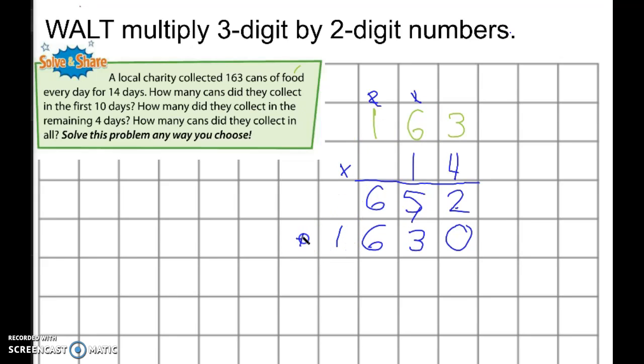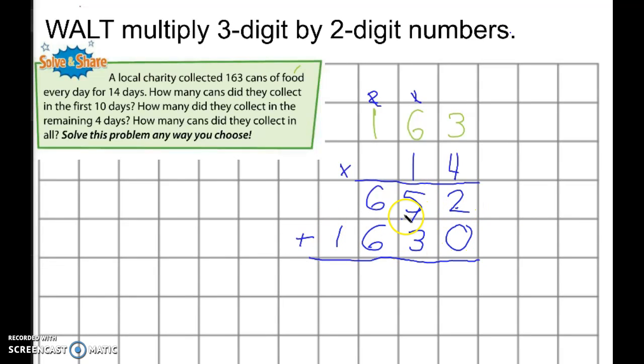Now we're in this row, and one of the terms that's in the book is called partial products, which I know you've used in the past. They consider these two products here partial products, because partial is a part, and both of these products are part of your whole answer. What we have to do now is add.